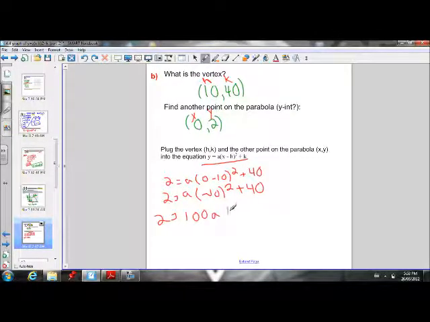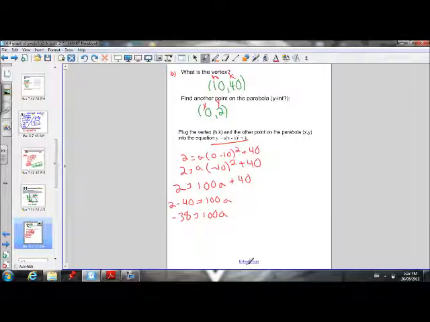Move the 40 to the other side, subtract it from the 2. So I have 2 minus 40 equals 100a. Negative 38 equals 100a. Let's move our page down even further. Divide both sides by 100 so that we can get a by itself. Good.